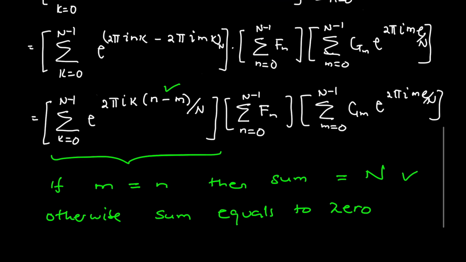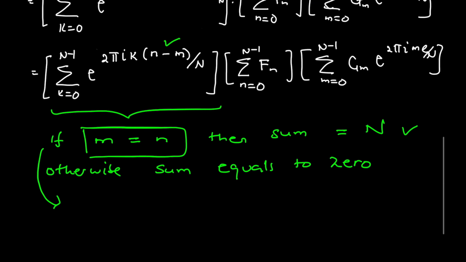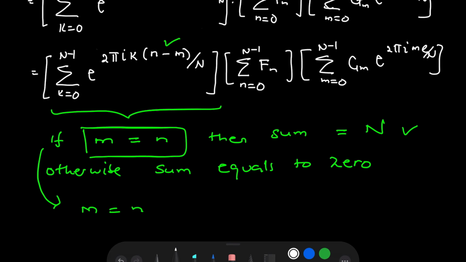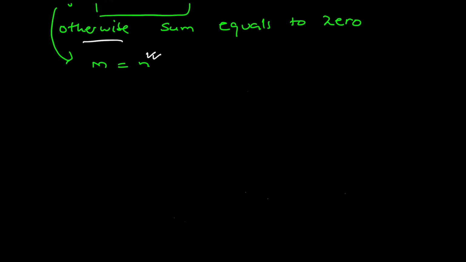I might also do a proof that actually shows that. So we are going to use the condition m equals n in this case and continue from there, because in the otherwise case everything is going to equal 0.